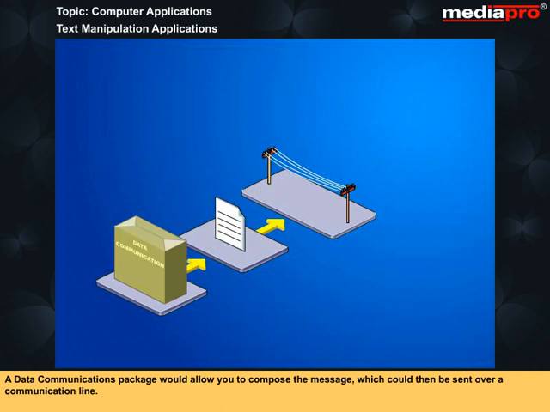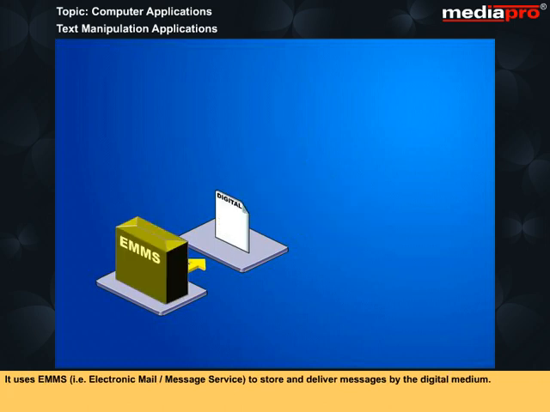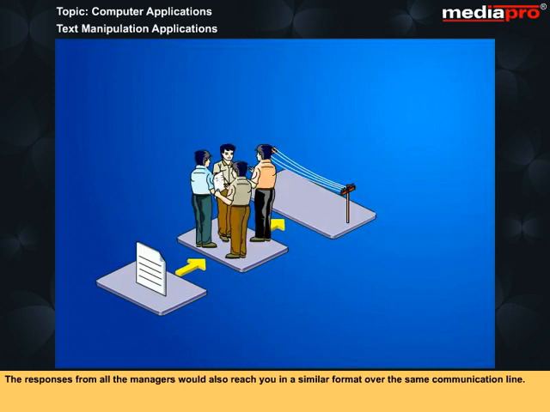A data communications package would allow you to compose the message which could then be sent over a communication line. It uses EMMS, that is, Electronic Mail or Message Service, to store and deliver messages by the digital medium. The responses from all the managers would also reach you in a similar format over the same communication line.